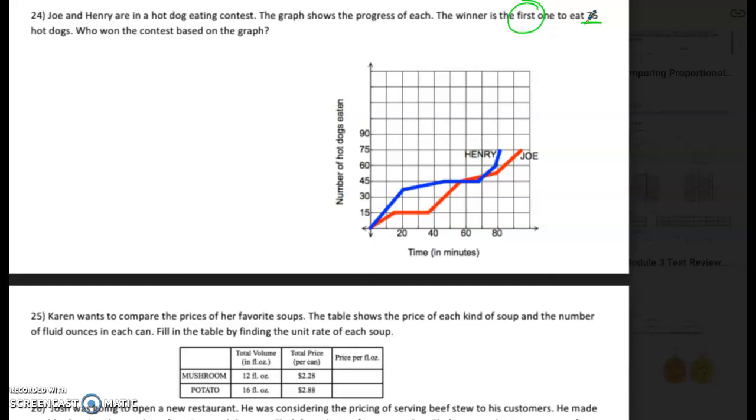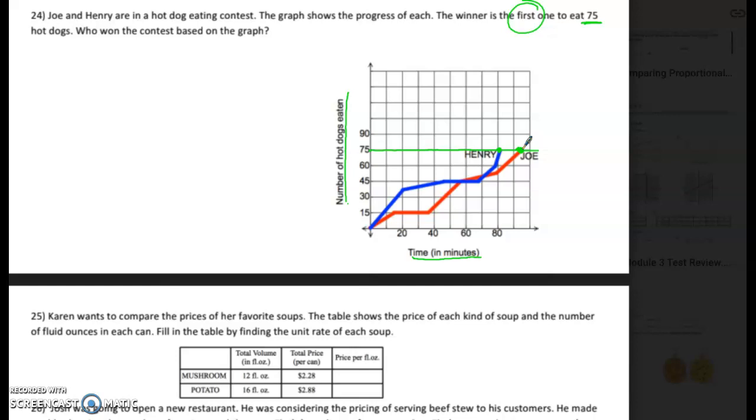When we look at our graph, right here is 75. On our horizontal axis, we have the number of hot dogs, and then here on our horizontal axis, we have the time. Both Henry and Joe ended up eating 75 hot dogs, but who got there first?